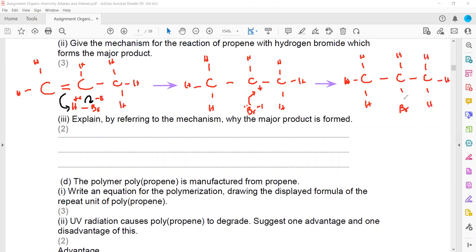So this will form 2-bromopropane. Is the mechanism clear? The direction of the arrows is very important. When you draw, the direction of the arrow is the most important. Any doubt in this?